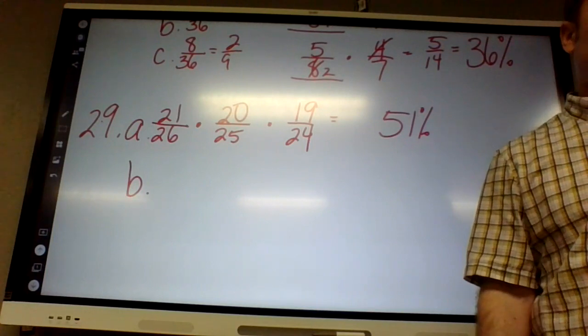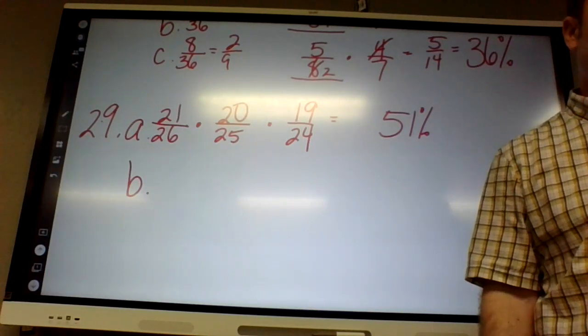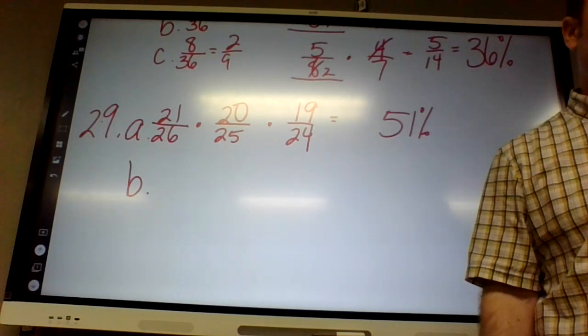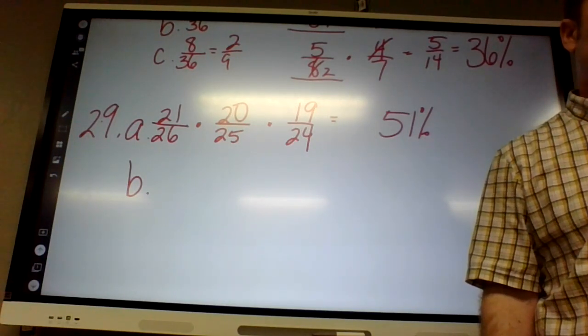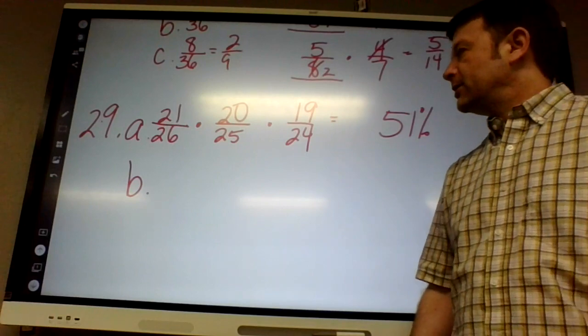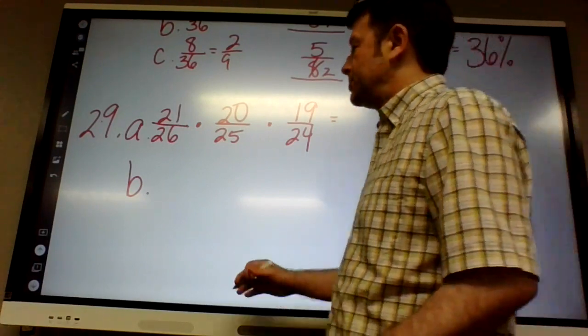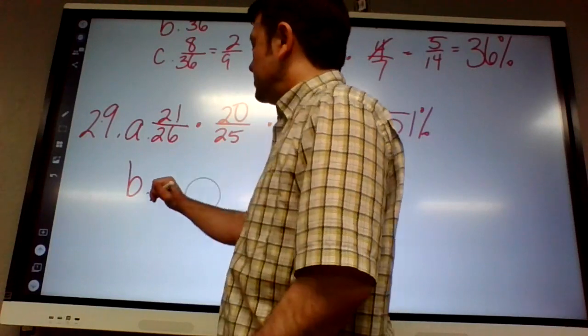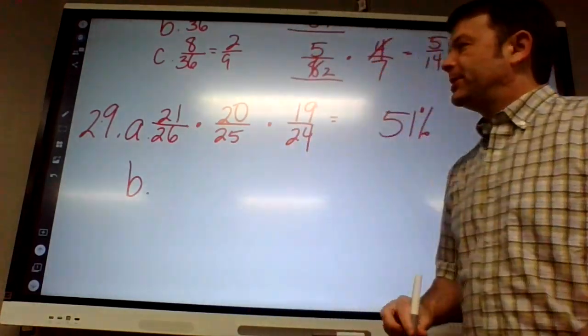Okay, this one's tricky. What's the probability that it has at least one vowel? Okay, there's actually a much easier way.